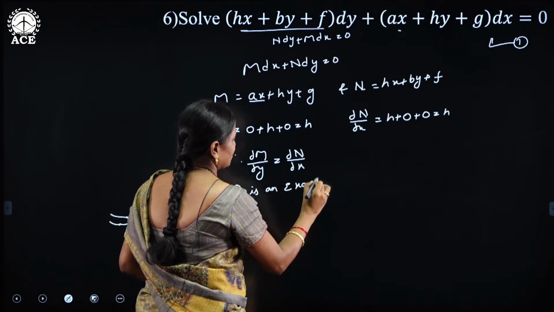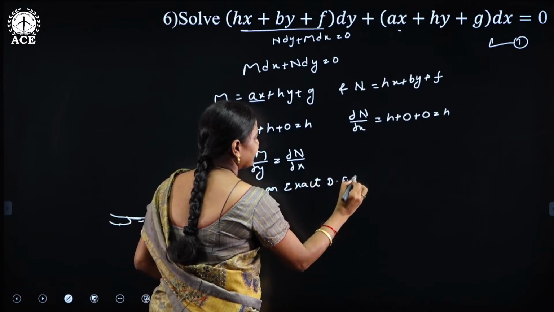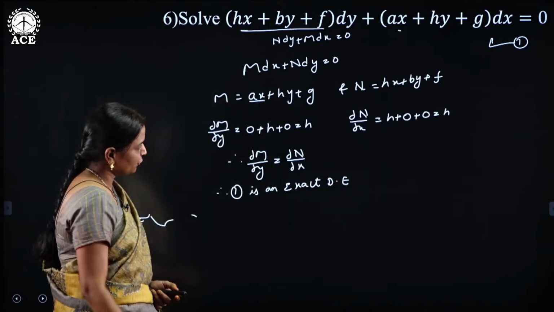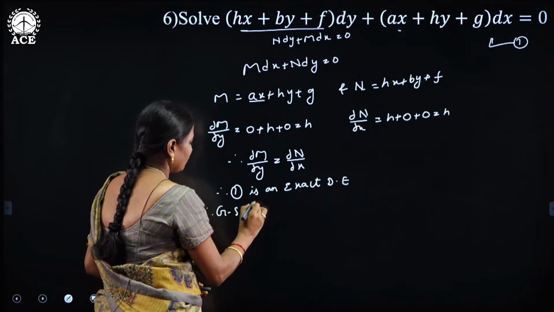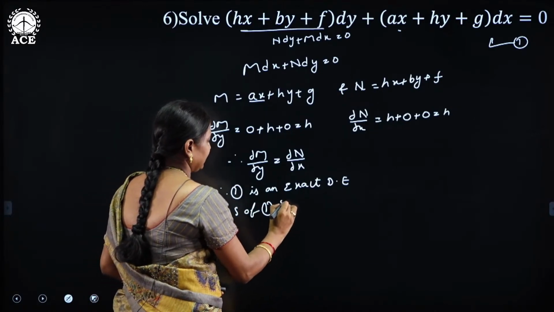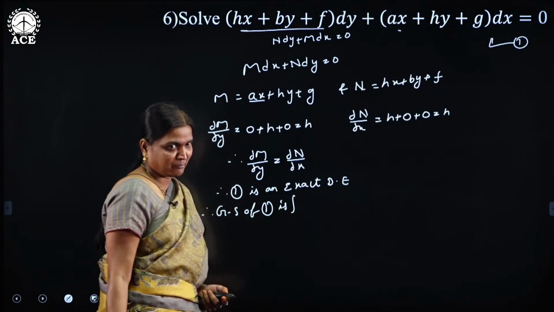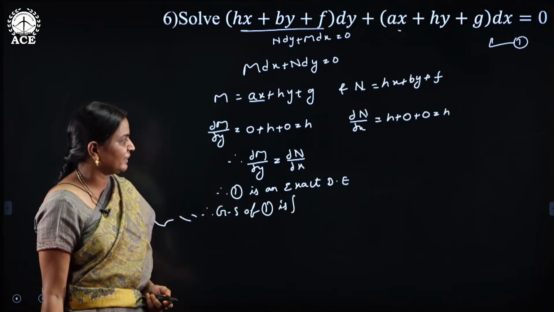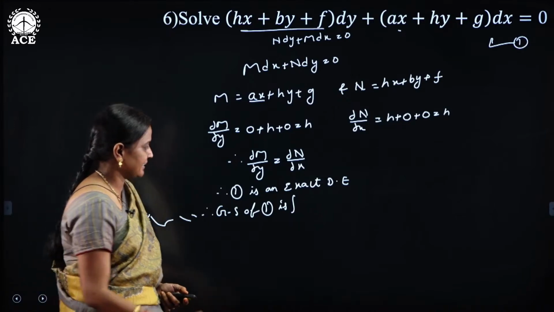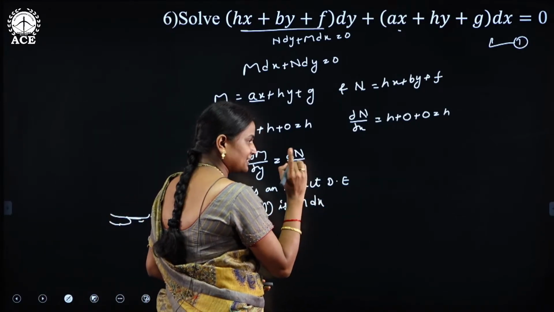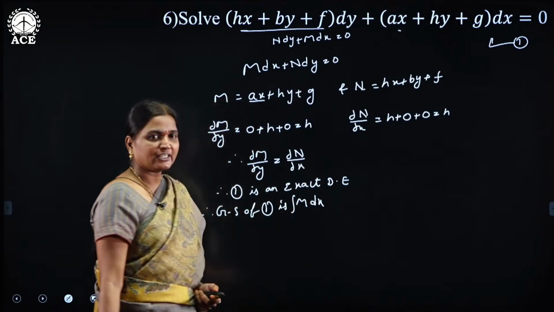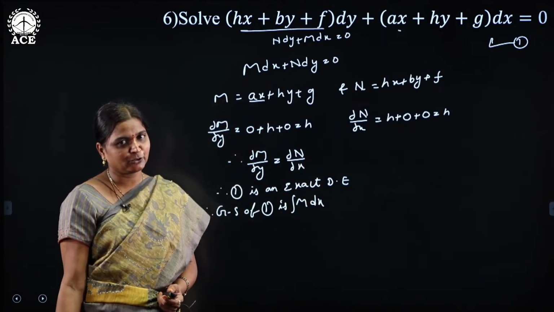differential equation. If it is an exact differential equation, how to write the general solution? So, therefore, general solution of equation 1 is, every time in examination, please write this formula when the given differential equation is exact. So what is the formula? ∫M dx, and what is the observation? First integration is performed with respect to x.